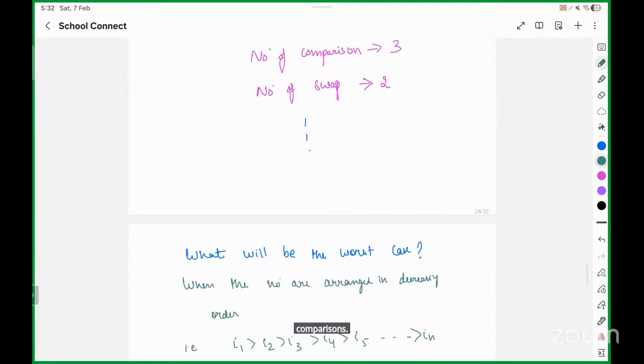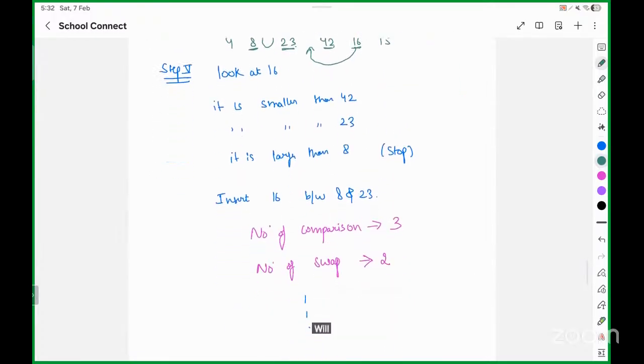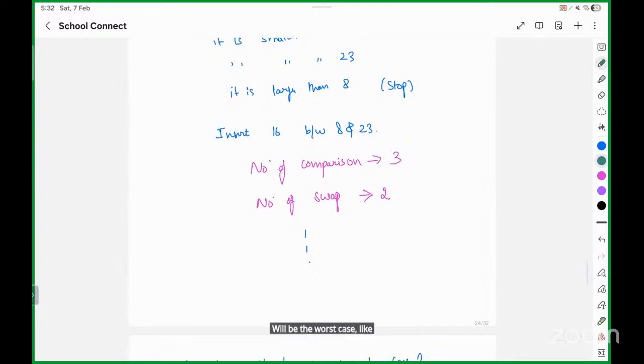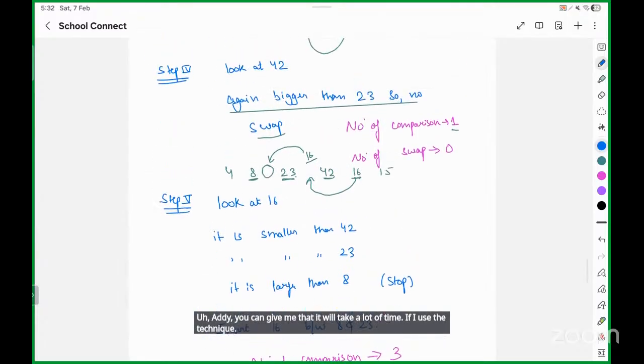But I wanted to ask you, what will be the worst case, the worst thing that we have to compare? If I want to arrange my numbers in increasing order, like 0, 1, 2, 3, what is the worst array you can give me that will take a lot of time if I use the technique of insertion sort?